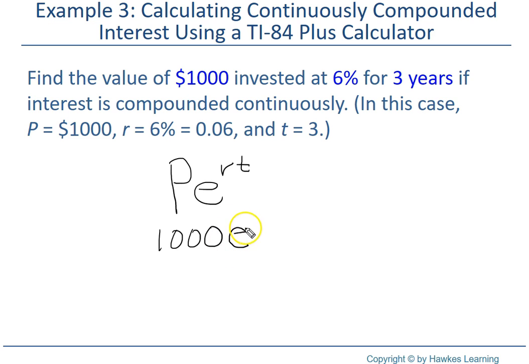In other calculators, you don't need to put the caret, so you're going to have to check that out. But our rate here is going to be 0.06, and our time is going to be 3 years. So this is what you put in your calculator. And again, you would do the E perhaps first. If it needed a caret, you'd do that. If not, just type that in. Sometimes you have to put a closed parenthesis, and then you go times 1,000.